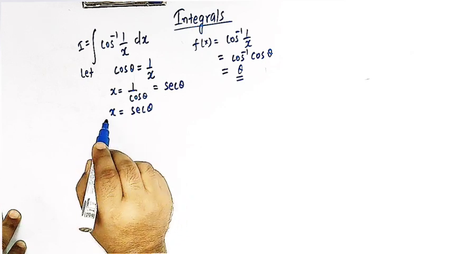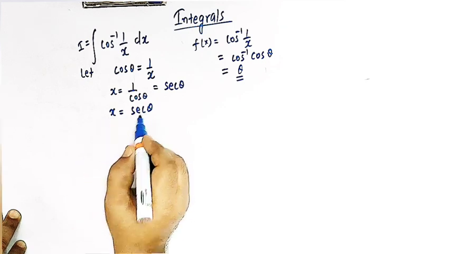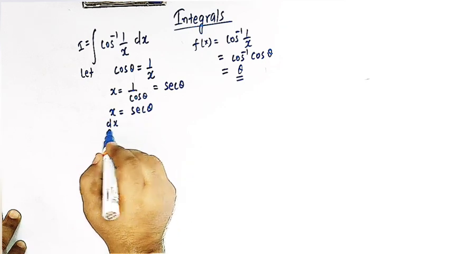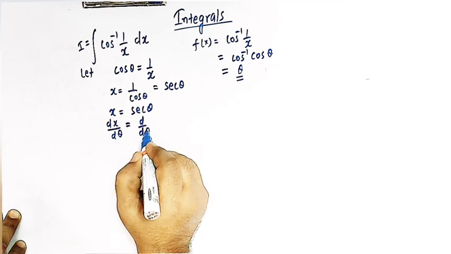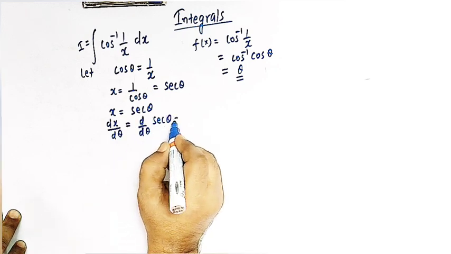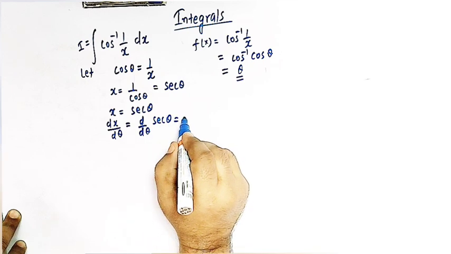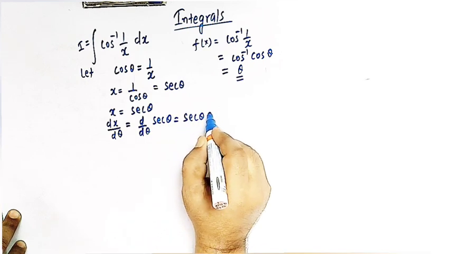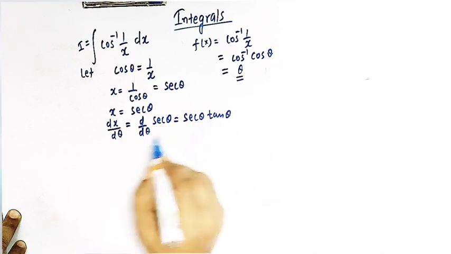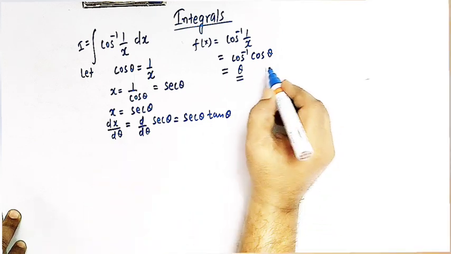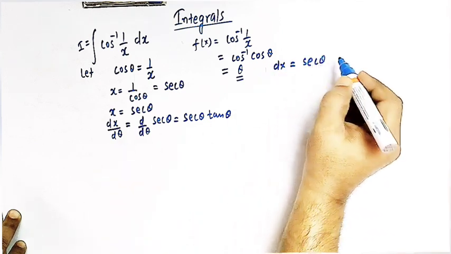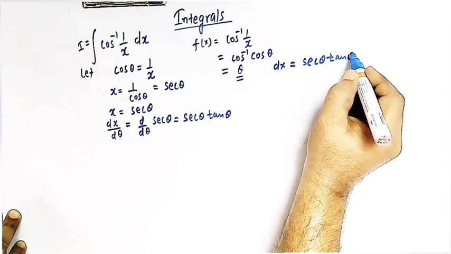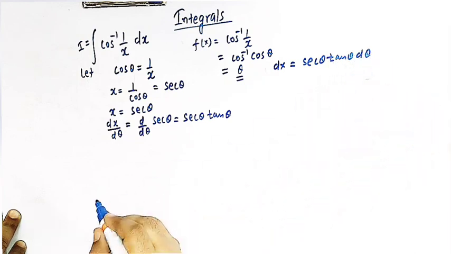So now let us differentiate x with respect to theta. So we have dx over d theta is equal to the derivative of secant theta. The derivative of secant theta is secant theta tan theta. So now the value of dx is equal to secant theta tan theta d theta, right?